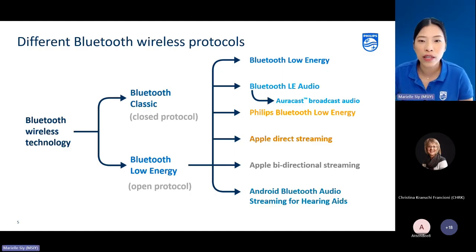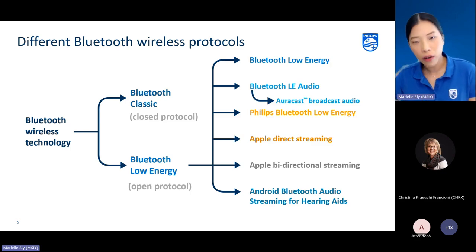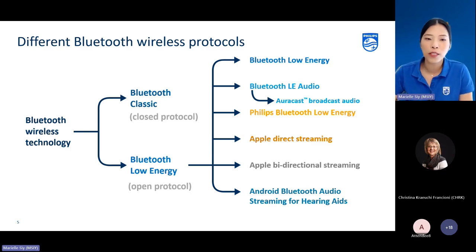The original Bluetooth Low Energy protocol can only transmit data, meaning there is no audio transmission. The next 5 protocols are based on this original Bluetooth Low Energy protocol, and all 5 enable audio streaming. The second one is Bluetooth LE Audio. This protocol was specifically designed for hands-free audio in Android devices, in addition to enabling Auracast broadcast audio.